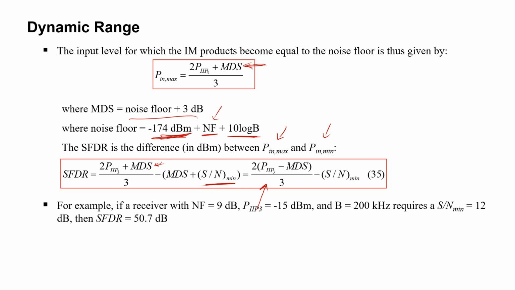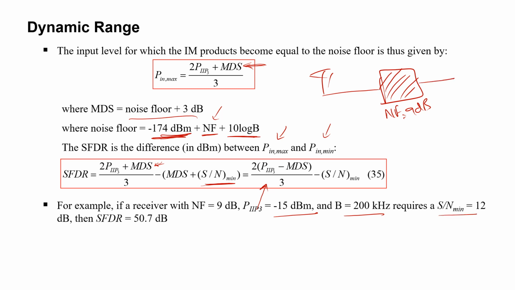So for example, let me draw a receiver here. Imagine the noise figure of this receiver is 9 dB, PIIP3 is minus 15 dBm, bandwidth is 20 kilohertz, and the required minimum signal to noise ratio at the output is 12 dB.